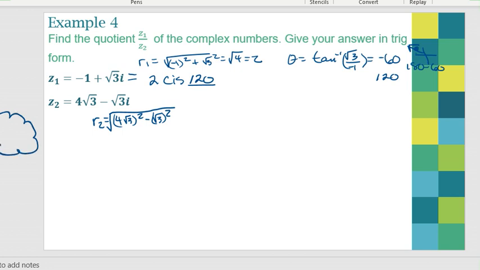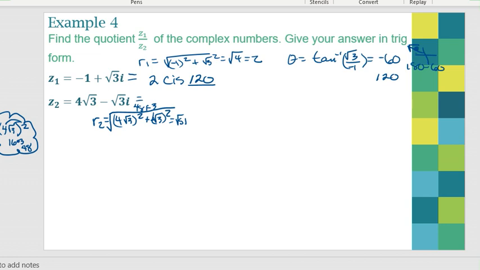What your calculator does is it takes 4 times the root of 3, and you have to wrap this in parentheses. 4 squared is 16. It knows that this squared applies to both pieces. So times 3, and we get 48. So this is going to be 48 minus 3. Oh, that should be a plus. My bad. Where did I get minus? It's a negative in here. All right, so it should be plus, so it's the square root of 51.